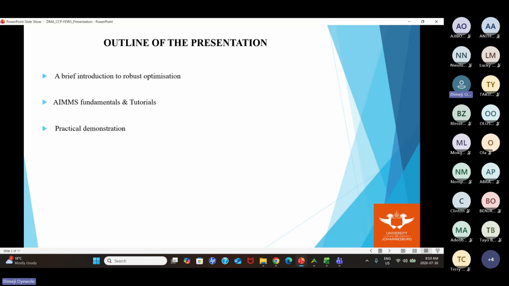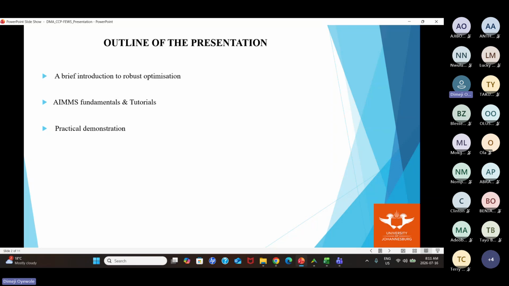And then we will look at AIMMS fundamentals and tutorials. Now, one thing about modeling, and robust optimization as an example, is that you get to do some mathematics on your own, you get to do some modeling on your own, and then you use software like MATLAB, Python, C++, and so on, to code what you have modeled.